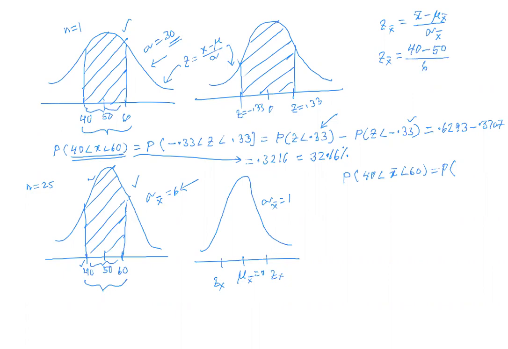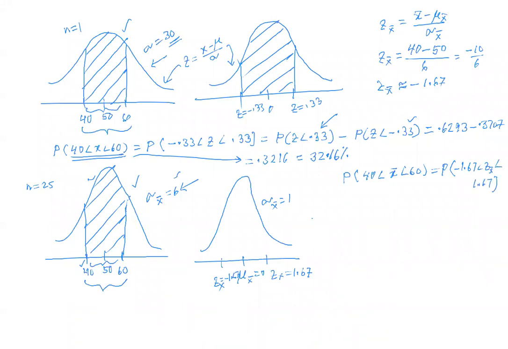That is negative 10 over 6, which gives z sub x bar approximately equal to negative 1.67. So this is negative 1.67, and obviously this is positive 1.67. So negative 1.67 is less than z sub x bar is less than 1.67.